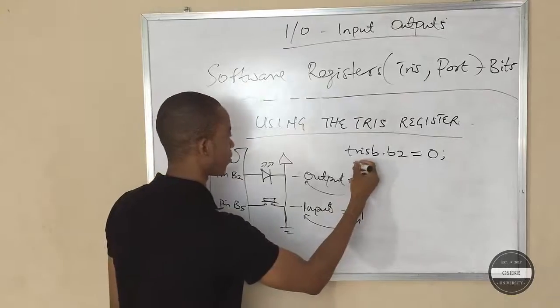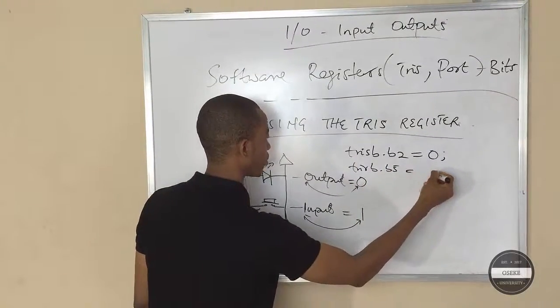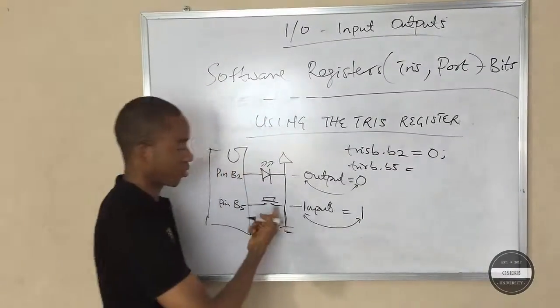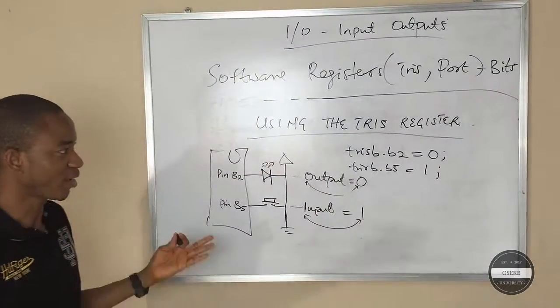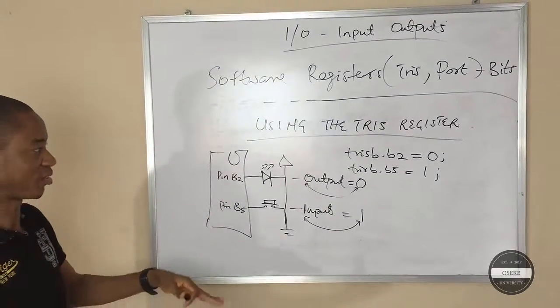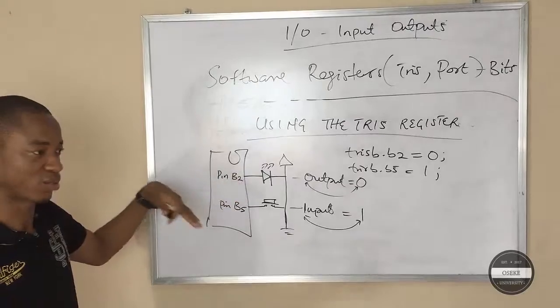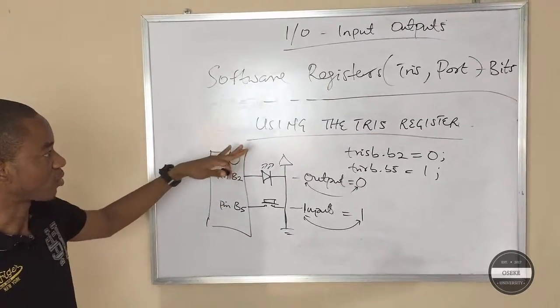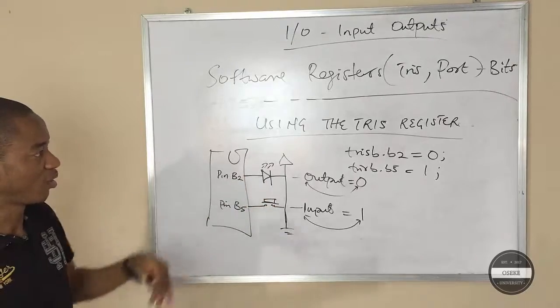The same thing for B5: trace B5 equals to what? 1, because we're dealing with an input switch. And that's it. Now the microcontroller knows that you want to connect a switch to this pin and an LED to this pin, so everything will work well. So this is about using the trace register to configure what you're doing.